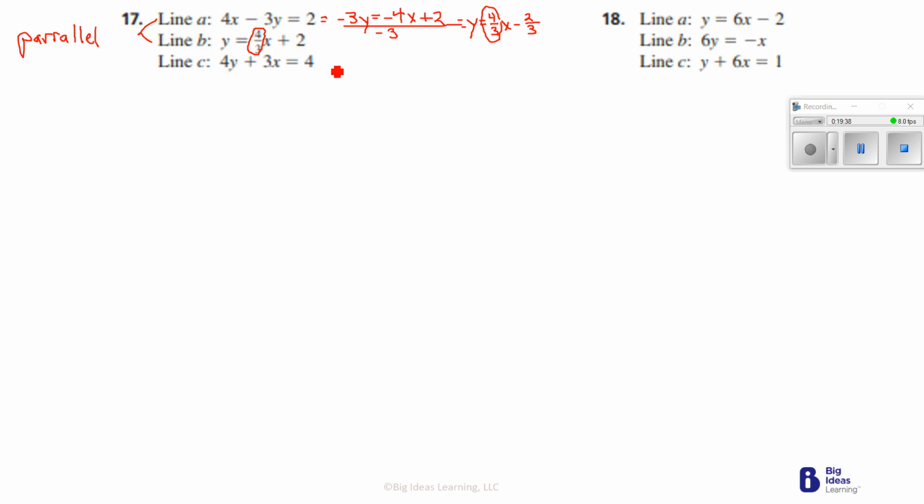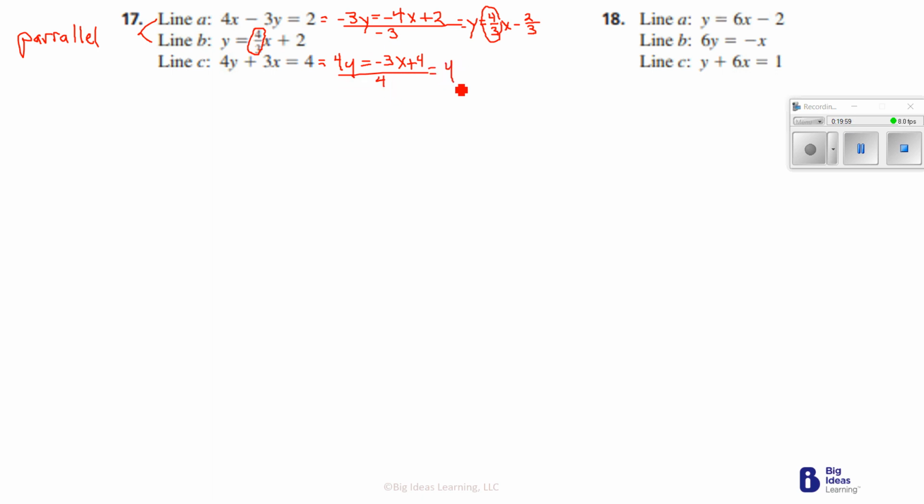All right, let's go with this one. This is going to be 4y is equal to, we're going to have to bring this 3x to the other side, so it'll be -3x plus 4. I'm going to have to divide everything by 4 to get y by itself.